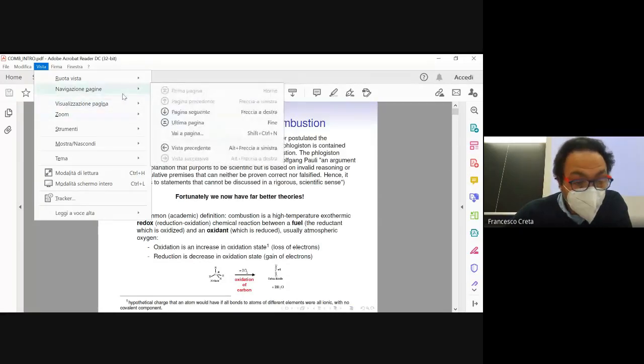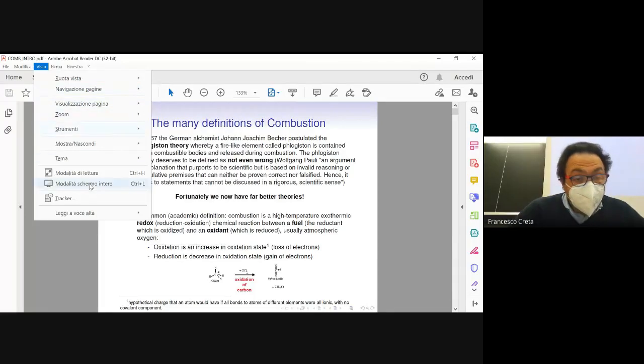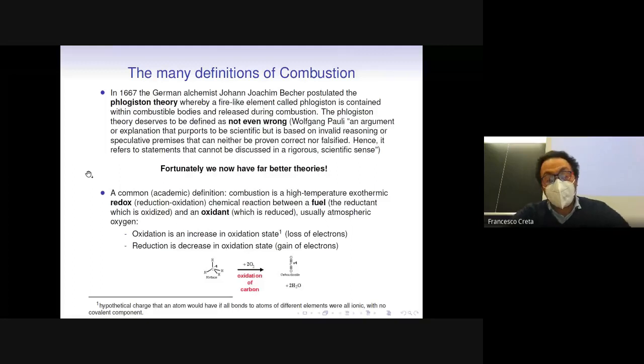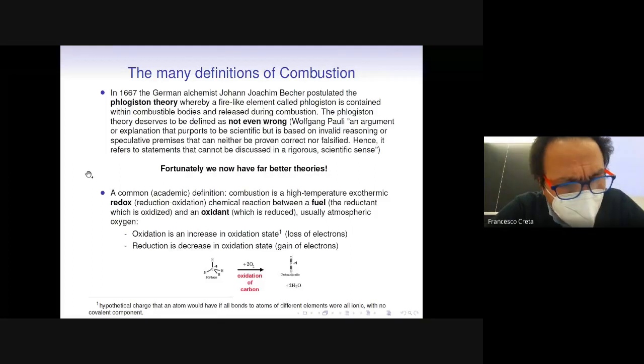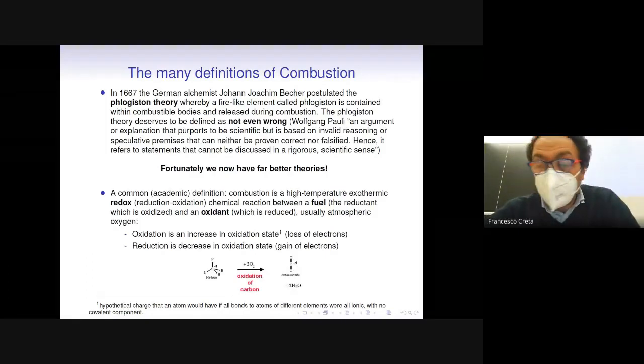Wait a minute. Give me a second. Full screen mode. Okay, can you see? Yes, yes, you can see the whole screen. Okay, great.